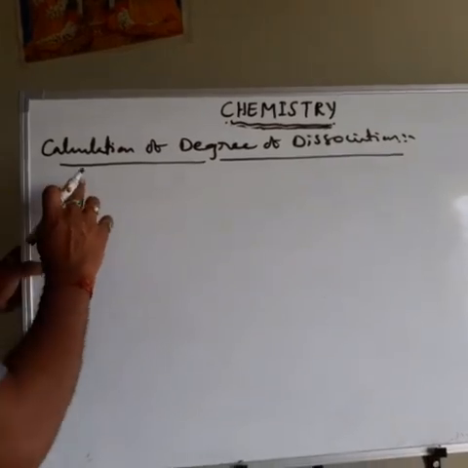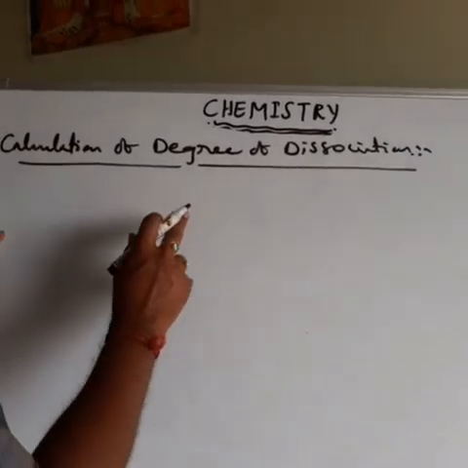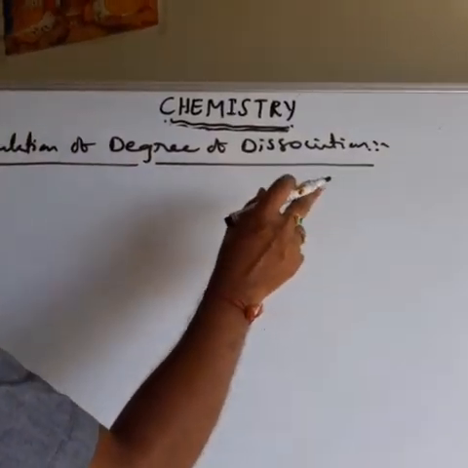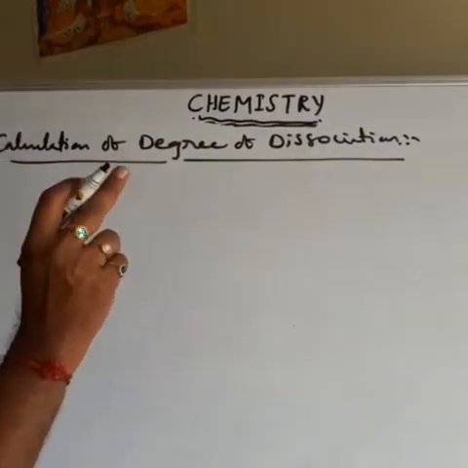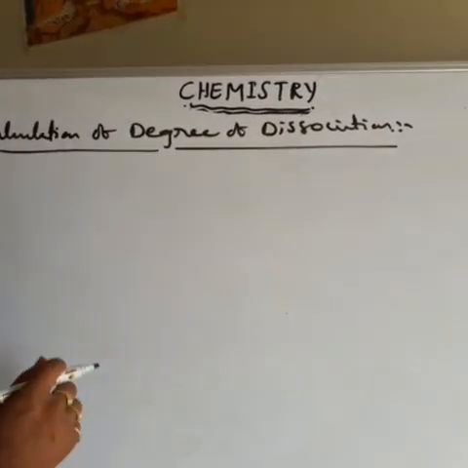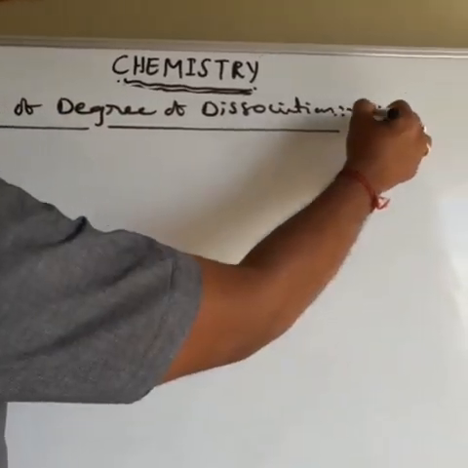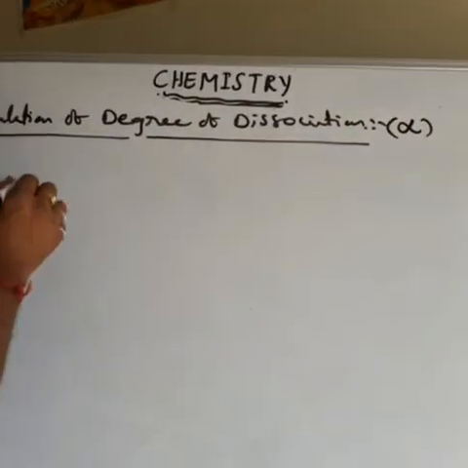The next one is the calculation of degree of dissociation. First, what does degree of dissociation mean? The fraction of the total substance that undergoes dissociation is called the degree of dissociation. It is represented by the symbol alpha.